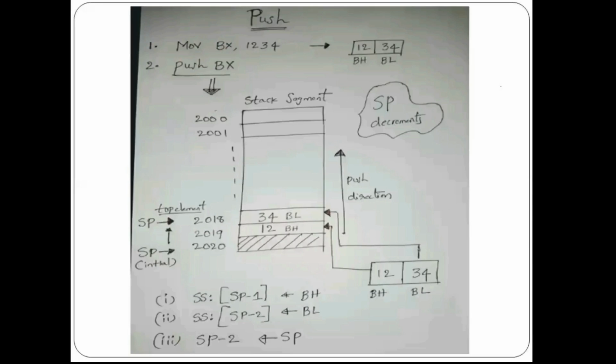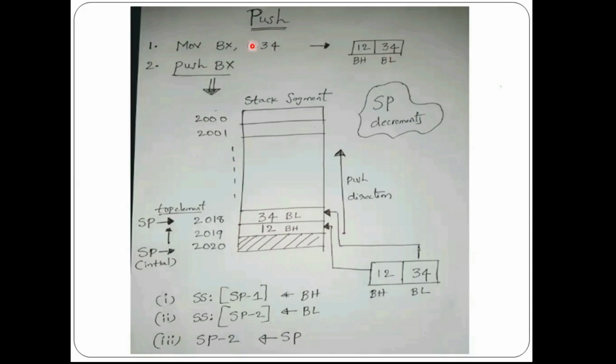Now, this is our BX register, a 16-bit register, with BH as well as BL. We have two 8-bit registers, and 8 plus 8 is a 16-bit register. And 1234 is stored in the BX register. You know very well, many times I told you, the lower byte, 34, is stored in the lower register, that is BL.